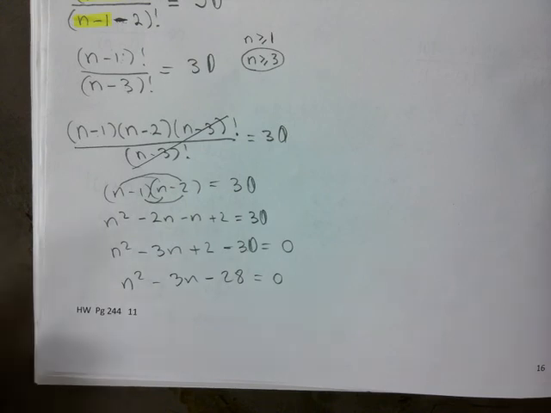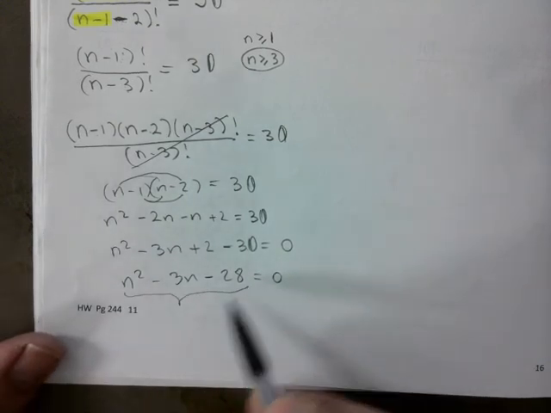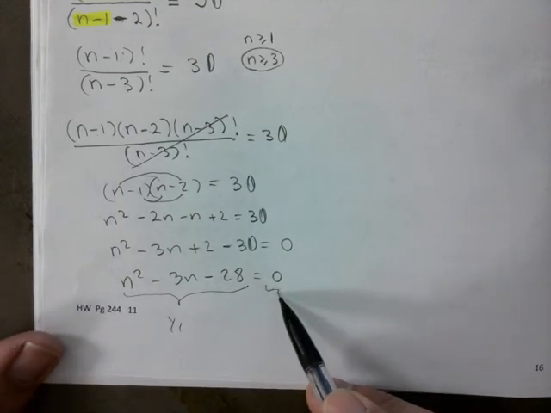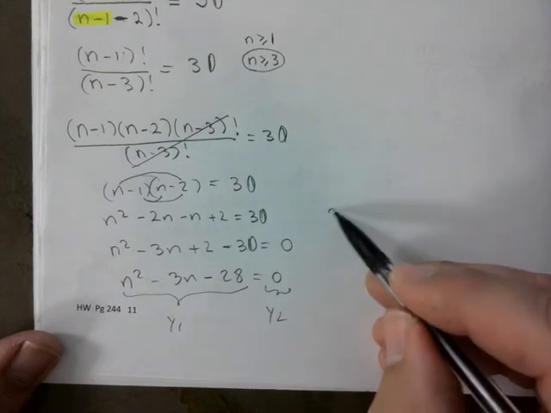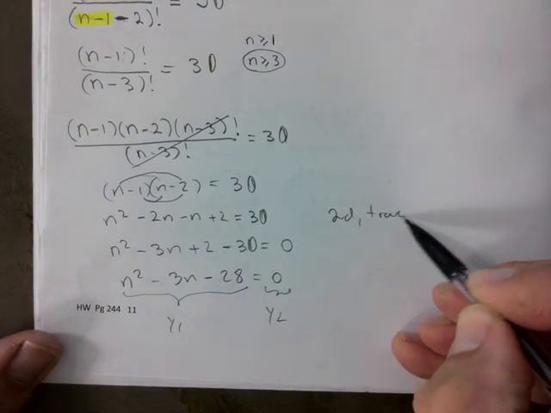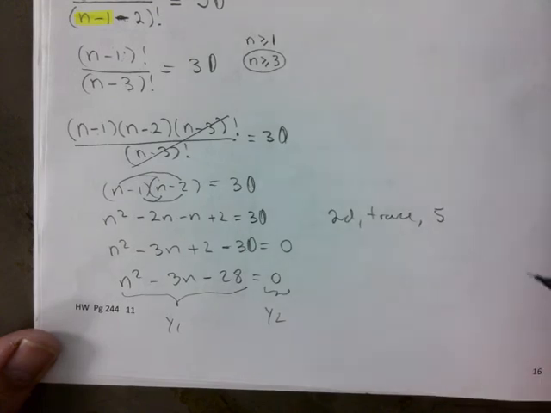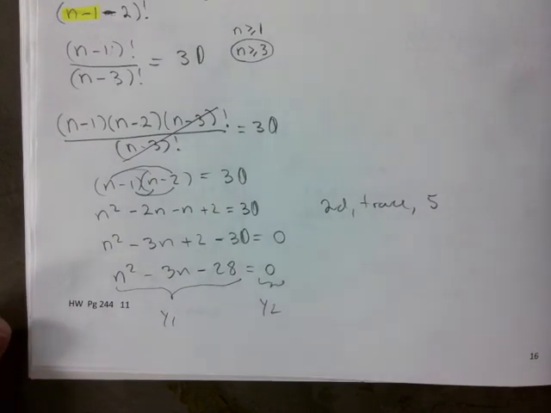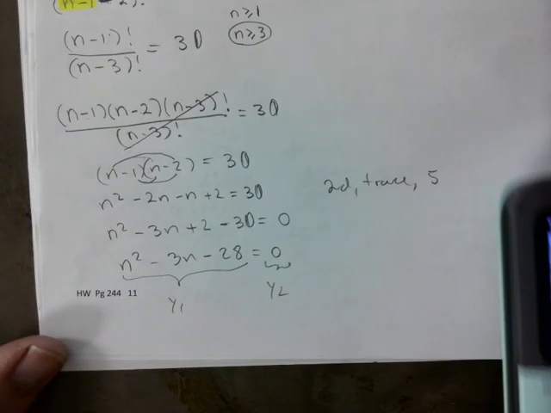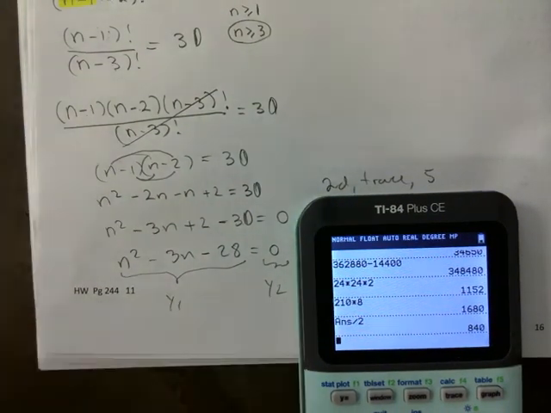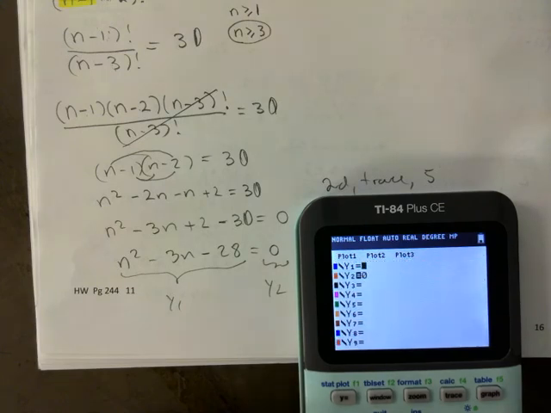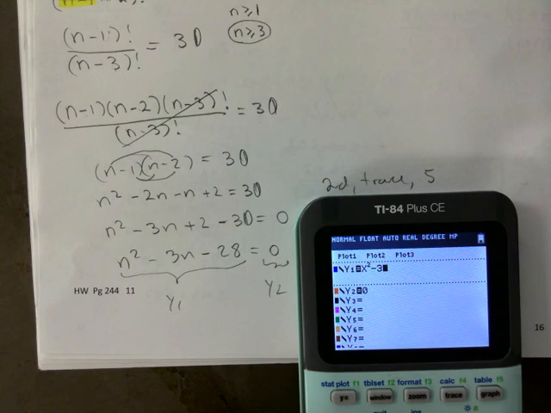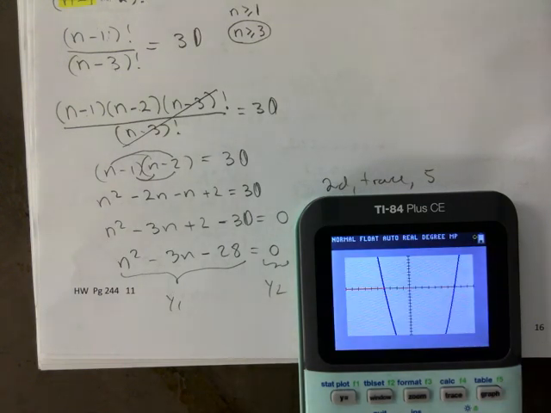And here you can use your calculator, right? If you want, this goes into y1, this goes into y2, and then second, trace, 5 to determine the intersections. Do you know how to do that? Go ahead and do it. Some of you like to factor. Go for it. Okay, graph it.